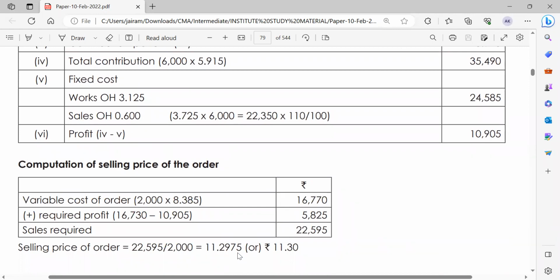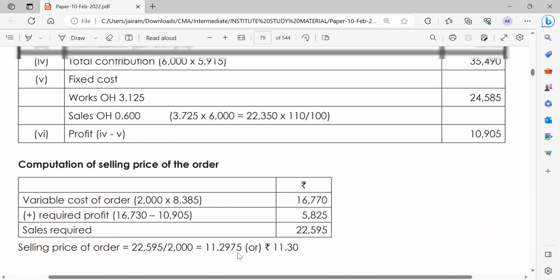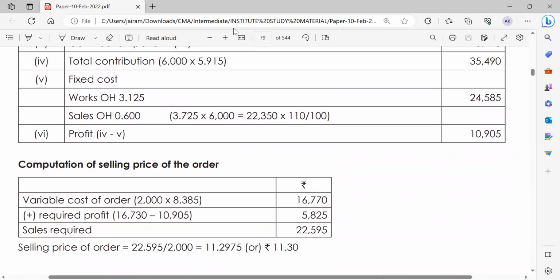So now, computation of selling price. First thing, the new order size is 2000 units, correct? Variable cost we will have to incur fully. Just take the total variable cost and add these things.